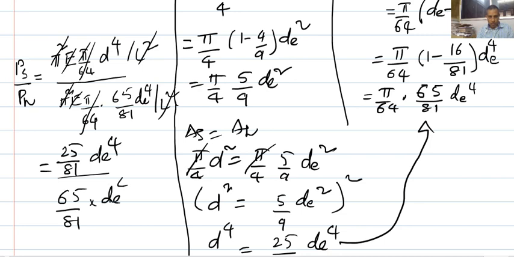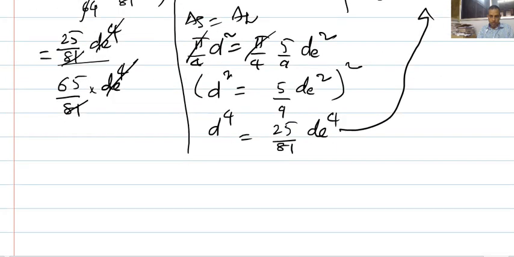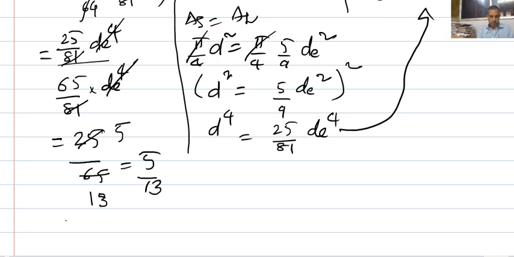So this d e power 4 gets cancelled out, and 81 gets cancelled out. I am left with simply 25 by 65, 5 5 is 25, 5 13 is 65. So 5 by 13. So Ps by Ph equals 5 by 13.